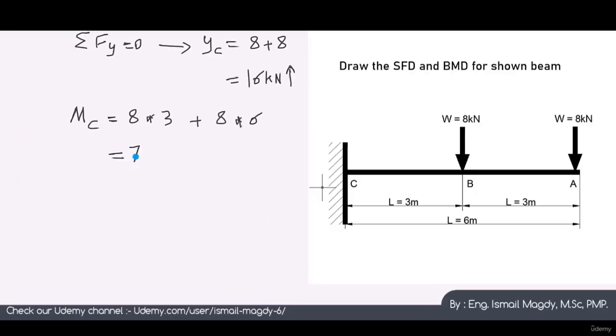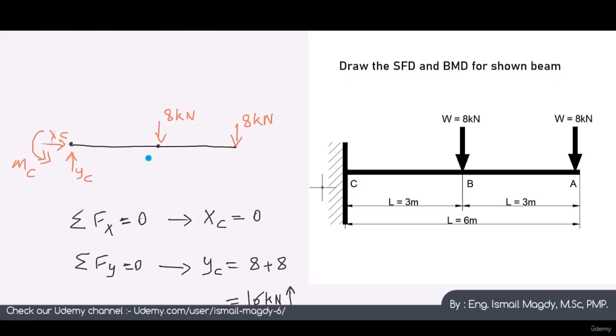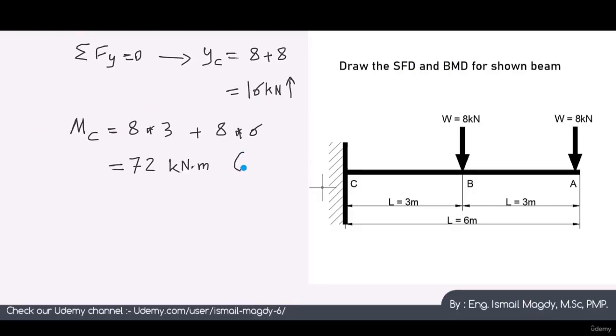This will equal 72 kN meter. Let's check now the signs. This moment is going in this direction. It is going clockwise, which means it is creating tension at the upper side and compression at the lower side. So this means it is a negative sign moment.